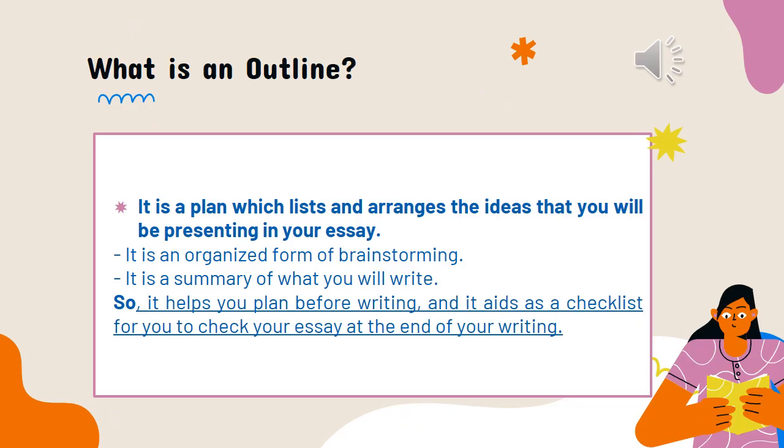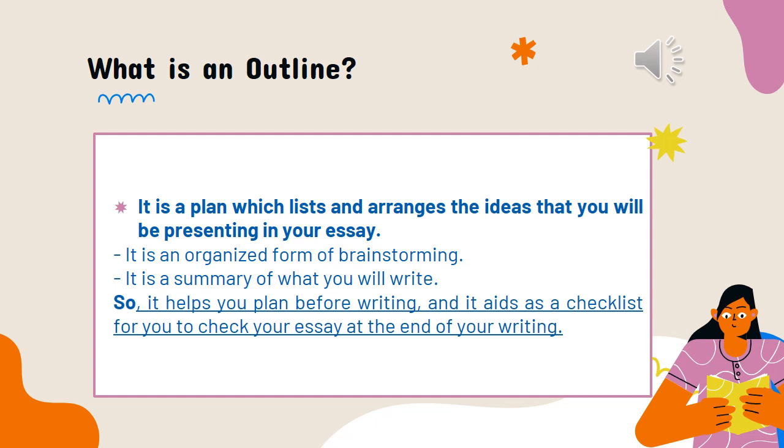What is an outline? It is a plan which lists and arranges the ideas that you will be presenting in your essay. So it's a brief plan that you will look at as a checklist to tell yourself what you're going to write in that essay, so that you organize your ideas and then work based on that. So it is an organized form of brainstorming.